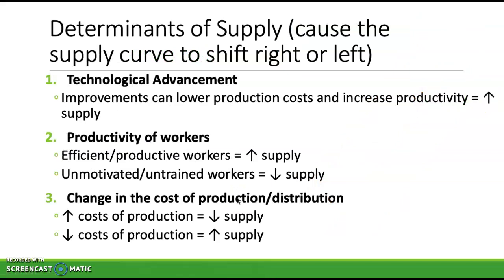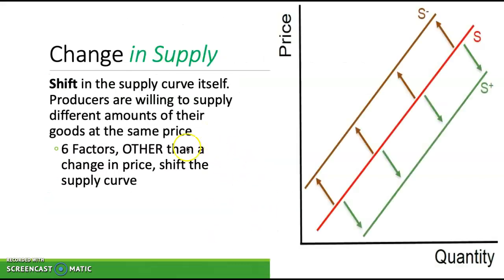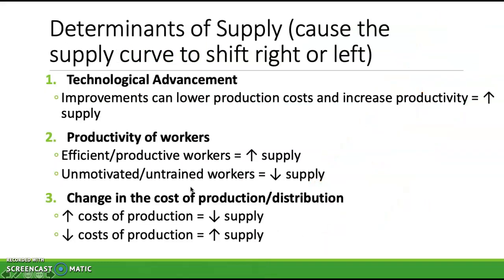So looking at the first 3 determinants of supply, again, these are the only things that can cause a shift in the supply curve like we see here. These are the only 6 things that will cause a supply curve to move. The first one is technological advancement. These are improvements, if you will.